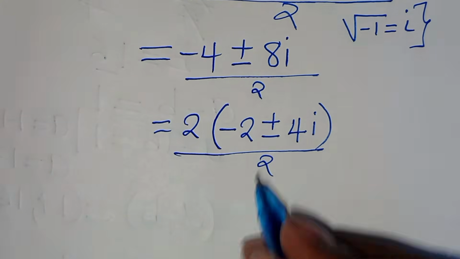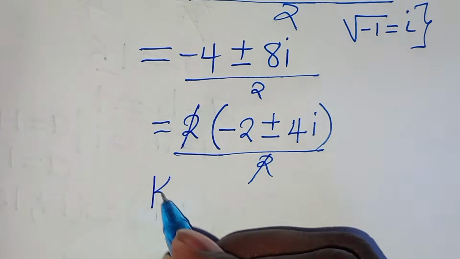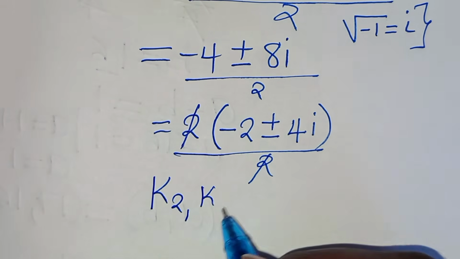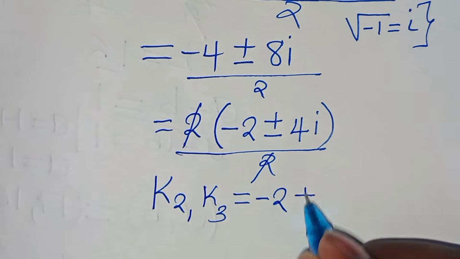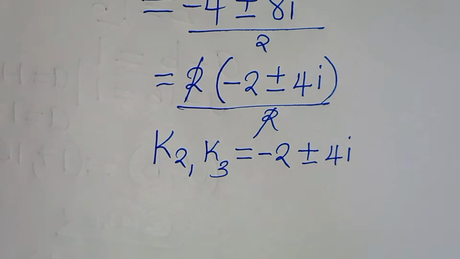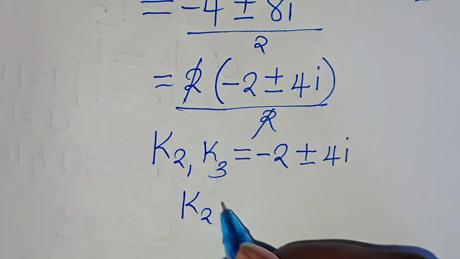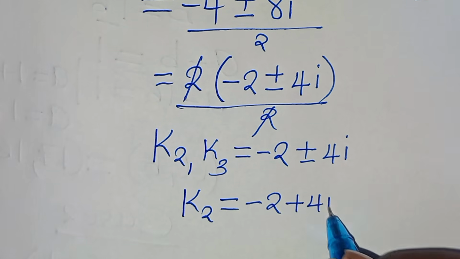So this implies that 2 and 2 here simplify so that we have K2, K3 equal to negative 2 plus or minus 4i. So this indicates that we have K2 equal to negative 2 plus 4i.